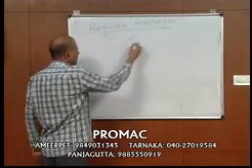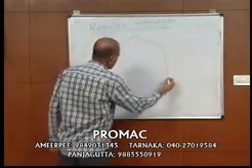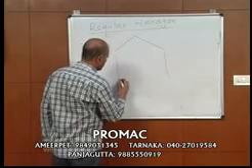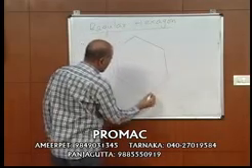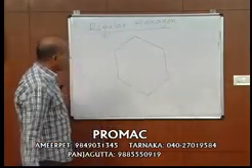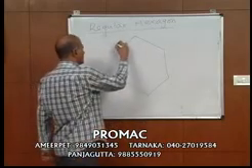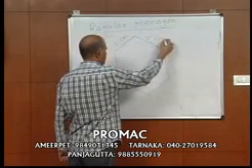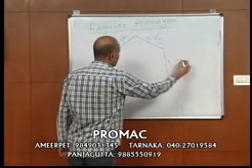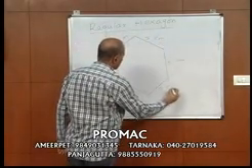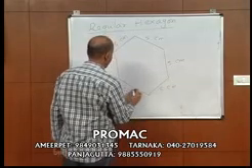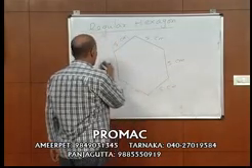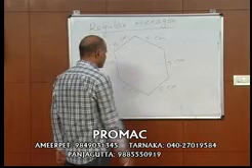Hexagon means something that has 6 sides. So I have a regular hexagon. Every side is 5 centimeters. What is the area of this regular hexagon? So people think about it.